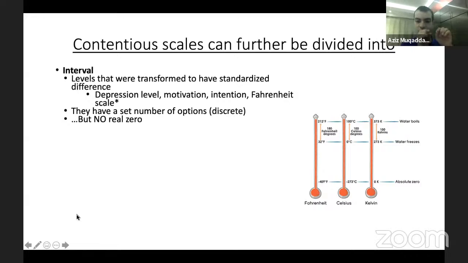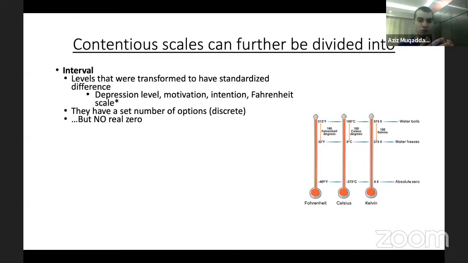A real zero means the absolute absence of something, right? Even in the previous question, when you say what level of motivation you have, if you pick no motivation at all, it doesn't really mean zero motivation. If I experienced zero enjoyment, it doesn't really mean zero enjoyment.